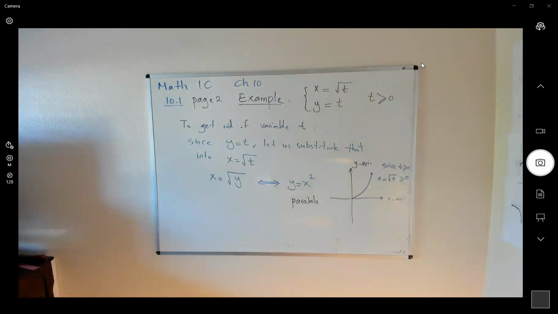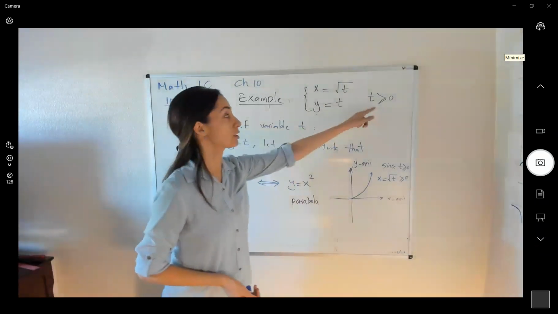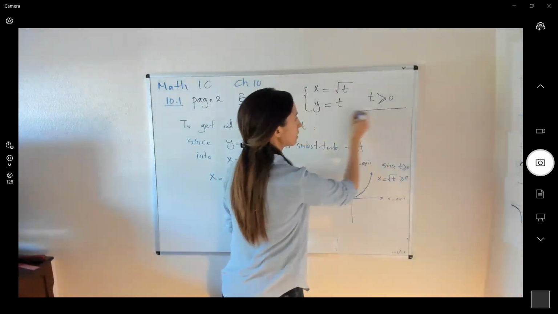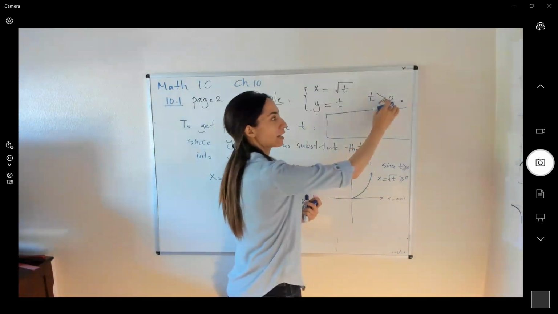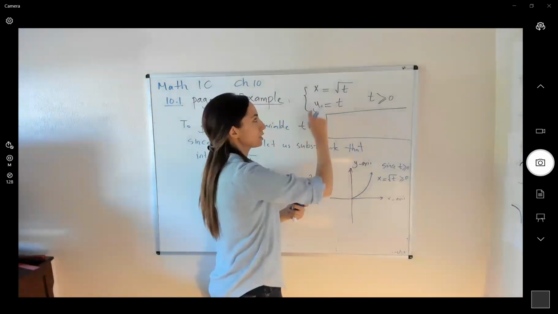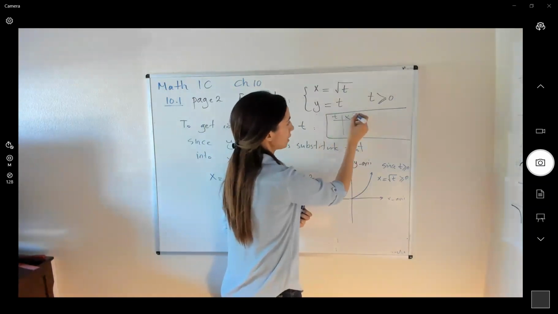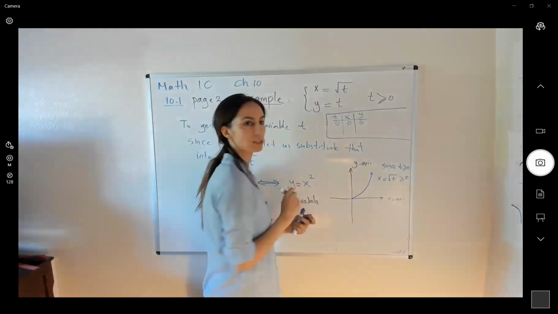So my question is, at the end, you should be able to get just one graph instead of two graphs, correct? It doesn't give you two graphs. We're going to discuss that later. Another method to graph this is to plug in different values for your t and evaluate x and y. I have t, I have x, I have y. If t is equal to 0, my x and y are 0.